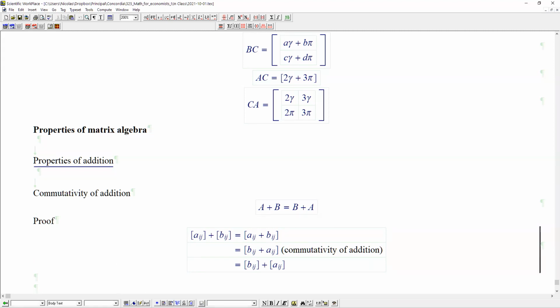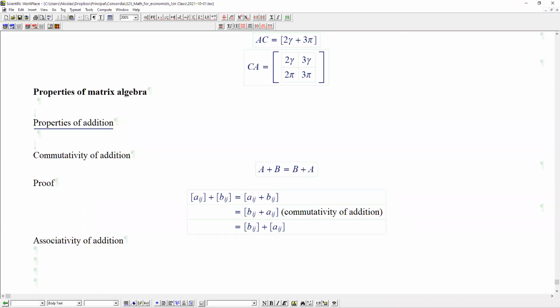Okay, so associativity of addition. A plus B, plus C, equal or not equal to A plus B plus C?